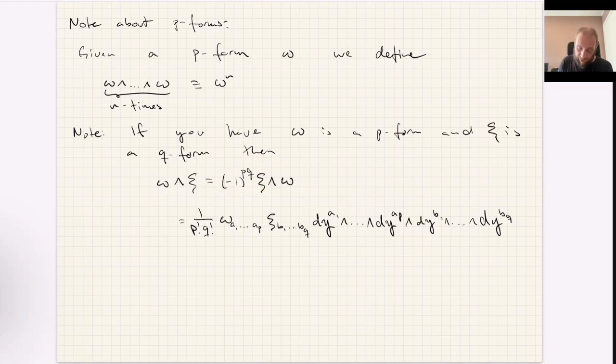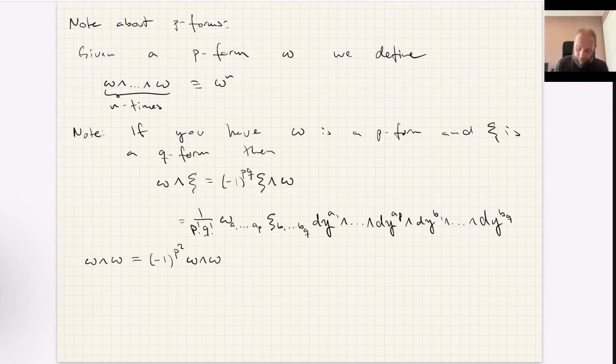So that is true in general, but it means that if you take, for example, omega wedge omega, that's going to be -1 to the p squared omega wedge omega.